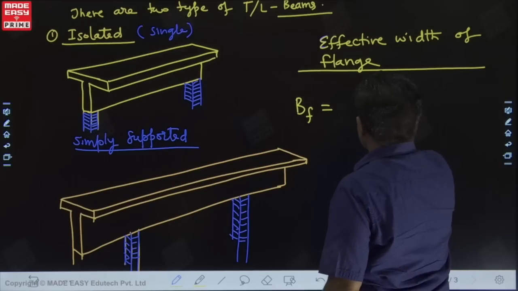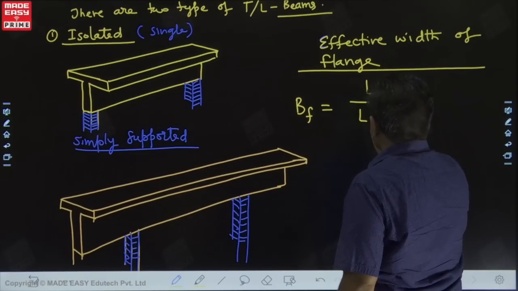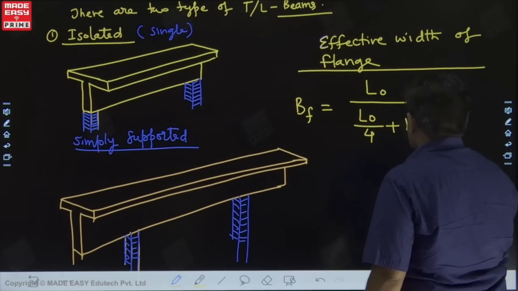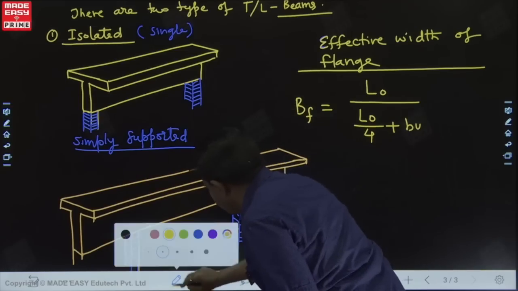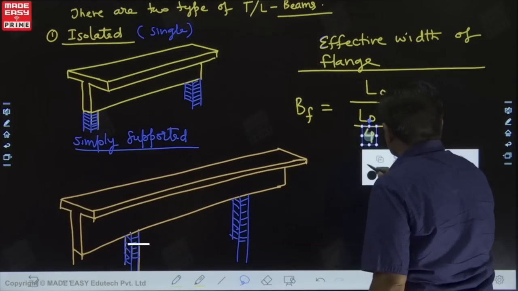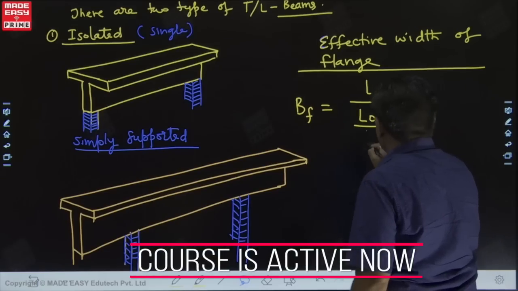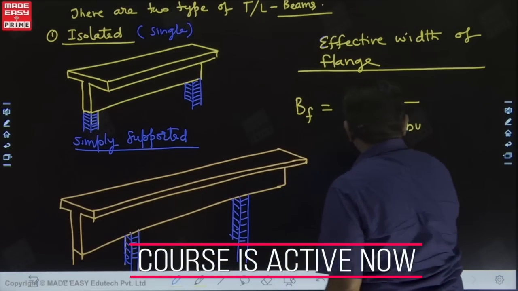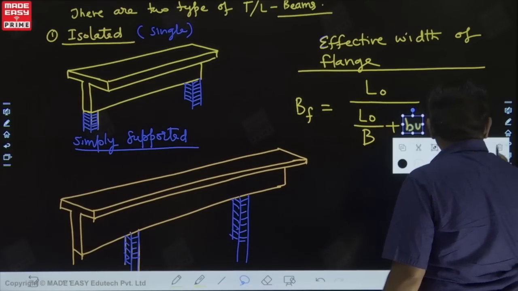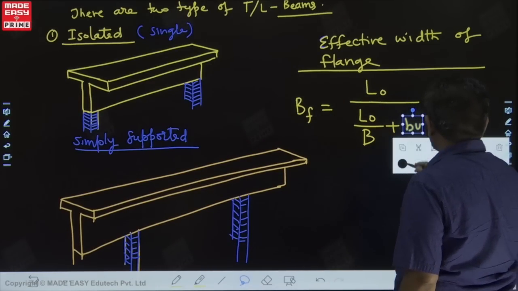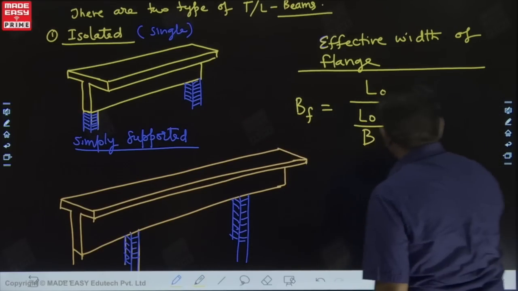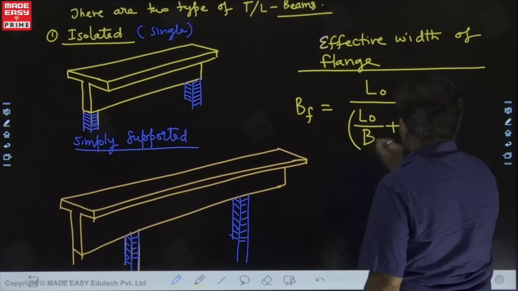It will be equal to L0 by 6, actually L0 by 6, plus 4, and plus BW.